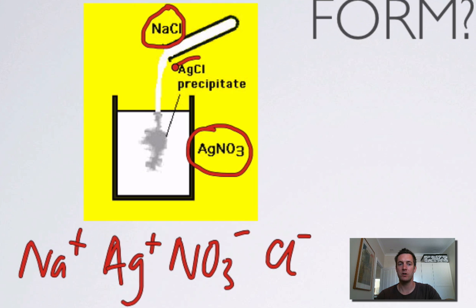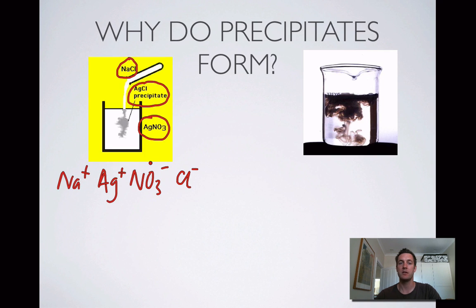So as soon as those ions come together, they'll basically form what is a supersaturated solution of silver chloride. There'll be more silver chloride in the solution than can dissolve. So it will crystallize out. In other words, a precipitate will form because the solution can't hold the silver chloride. Okay? Because it's an insoluble substance.